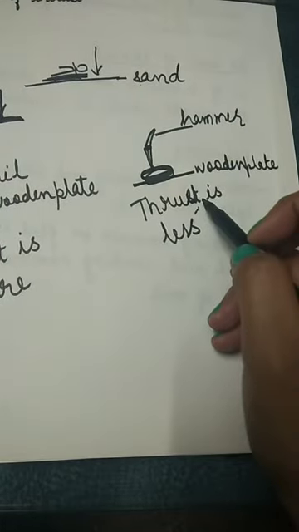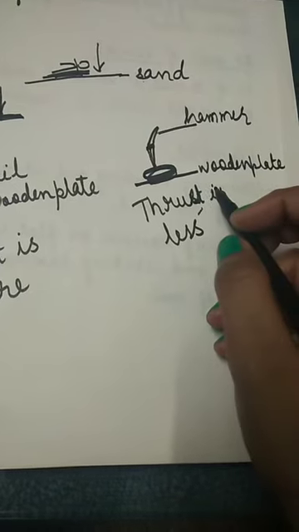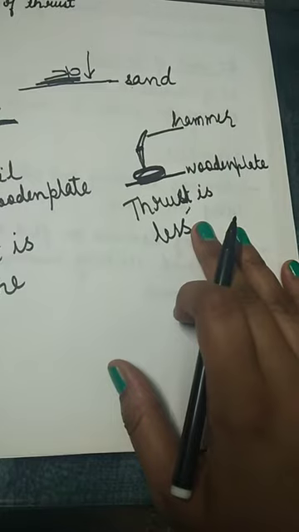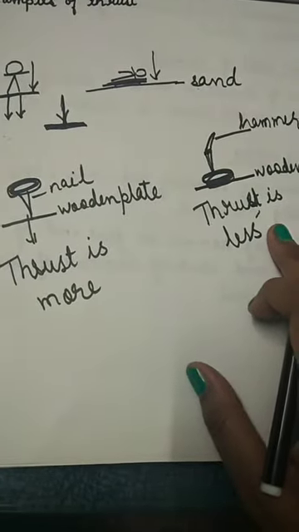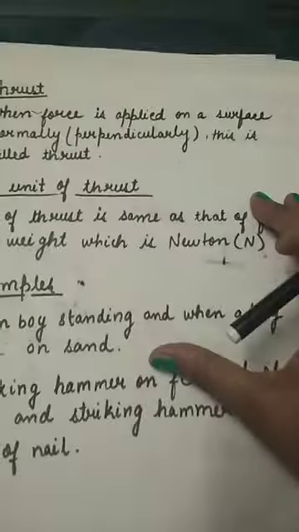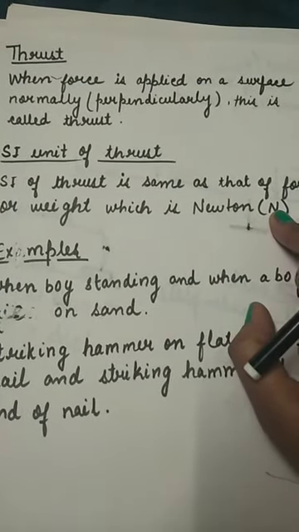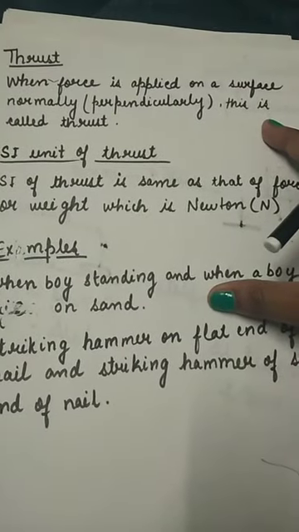These examples are also given in your book, which you can read from there. This was the explanation of the example of thrust. Now we can sum up and recap once again. Thrust is when force is applied on a surface normally or perpendicularly.